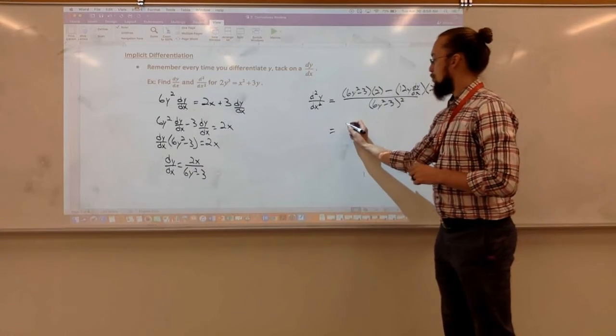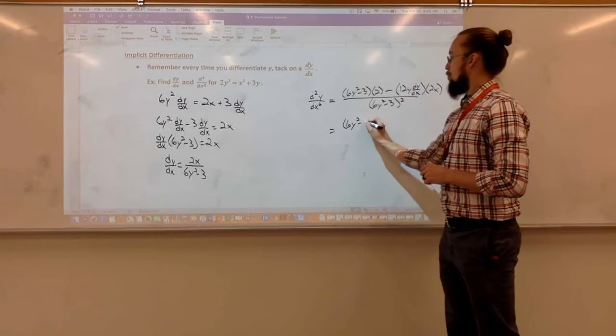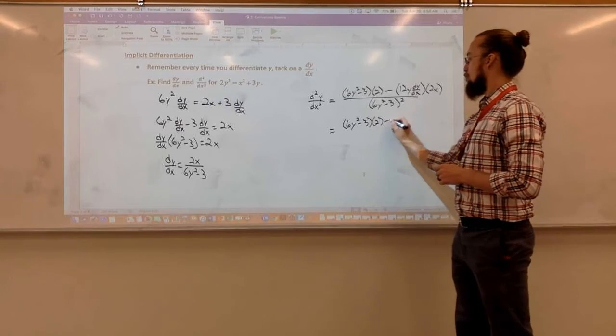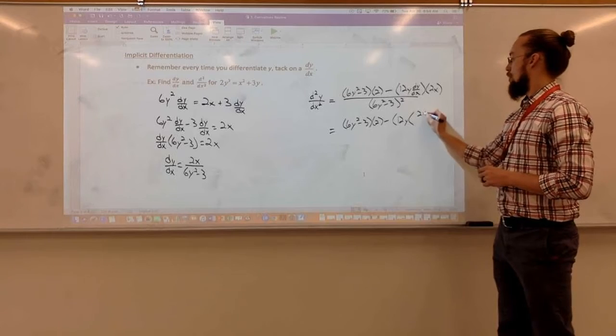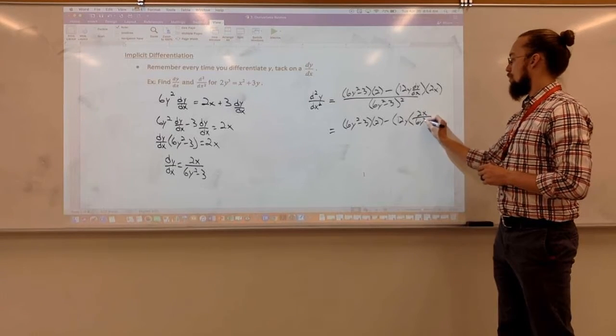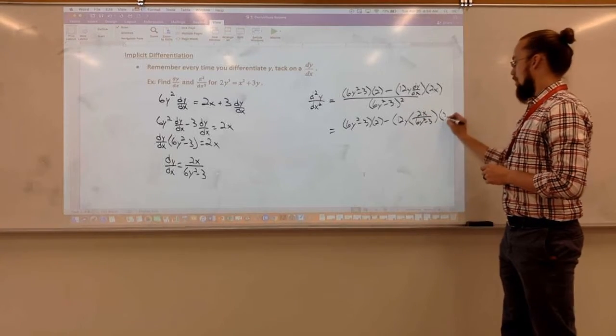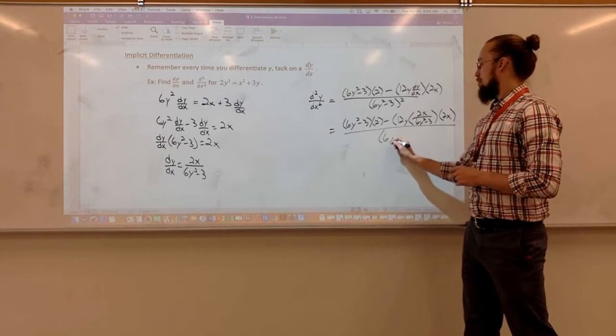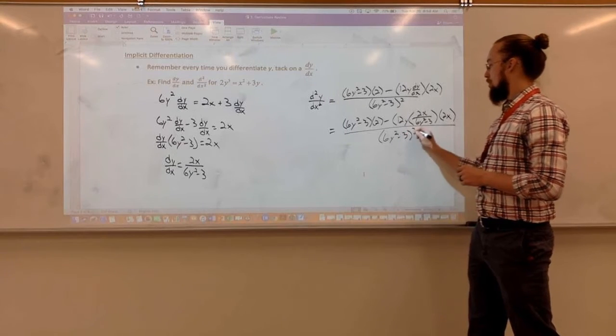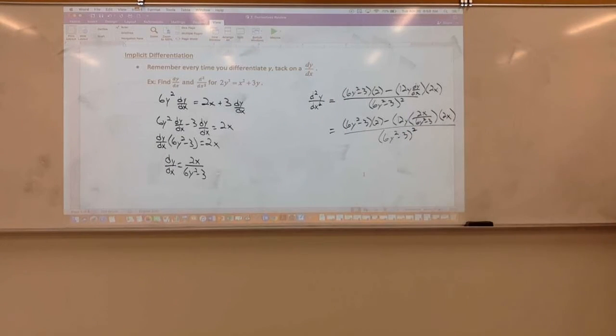This becomes 6y squared minus 3 times 2, minus 12y times 2x over 6y squared minus 3, times 2x over 6y squared minus 3, squared. Leave it. Are you okay with implicit differentiation?